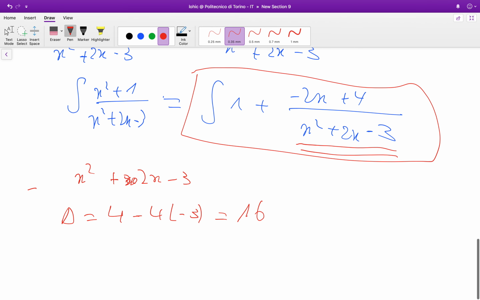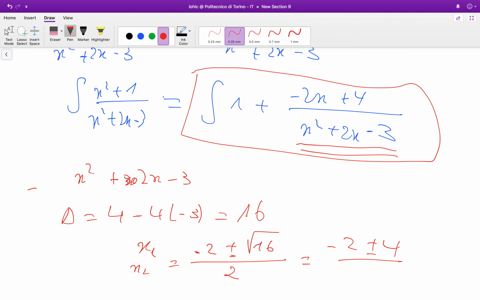Okay, so to find the roots, we have the two roots x1 and x2. Once we find the delta, that is here, the first root will be minus b, which is minus 2, plus or minus the root of delta, divided by 2. Okay, this will be minus 2 plus or minus 4 divided by 2.